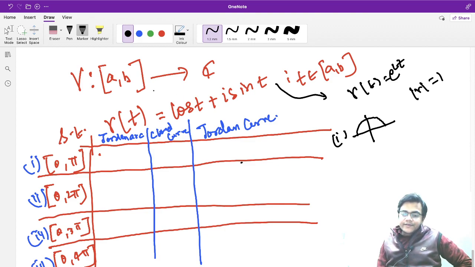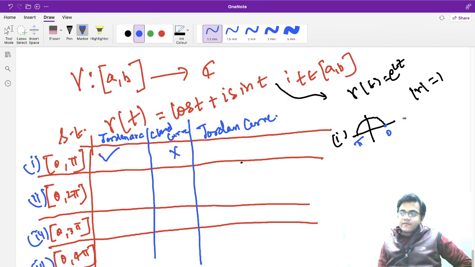Now let's see everything. Will it be a Jordan arc? What is the definition of a Jordan arc? From 0 to pi, it should not intersect itself. You can see this curve is not going to intersect itself, so certainly it's a Jordan arc. But is it a closed curve? The answer is no. Why?